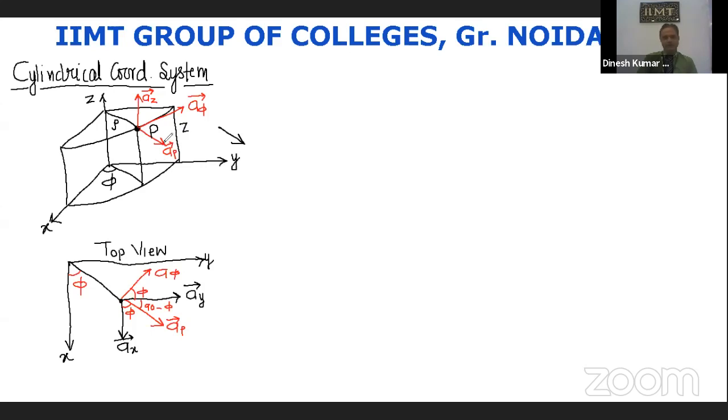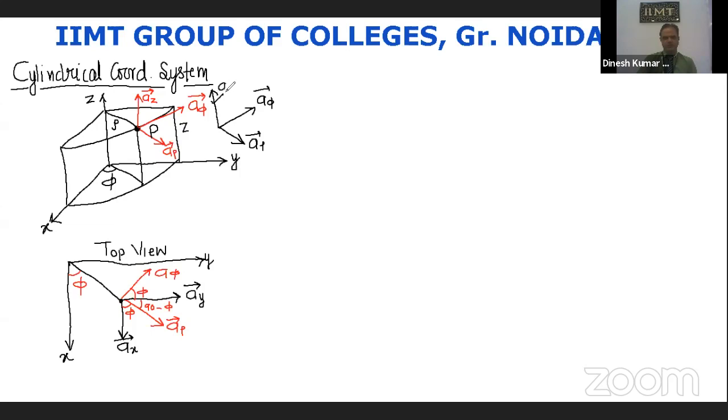Similarly, for unit vector a phi, if we increase phi, then this point P will move tangentially in this direction. So a phi is shown here. This was a rho, and this is a phi. Similarly, if we increase the height of point P, it will move in the upward direction.